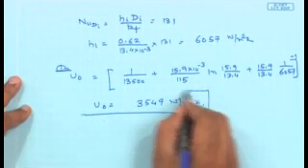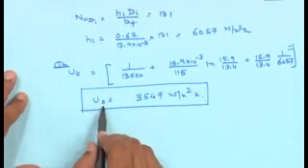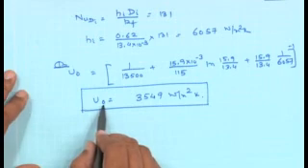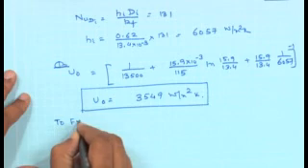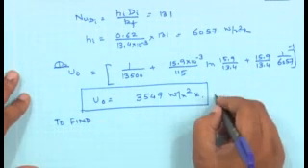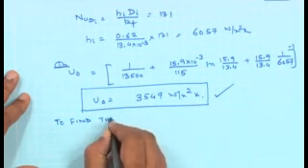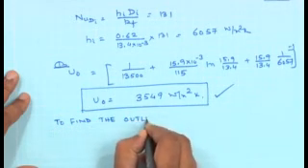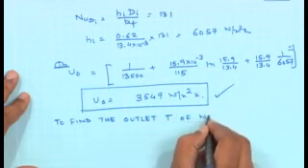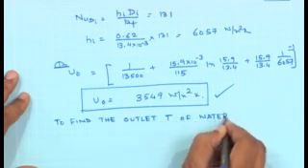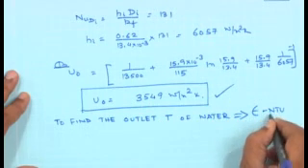So now I have obtained the overall heat transfer coefficient based on the outside area. Now to find the outlet temperature, so one part of the problem is over. To find the outlet temperature of water, we need to use the Epsilon NTU method.